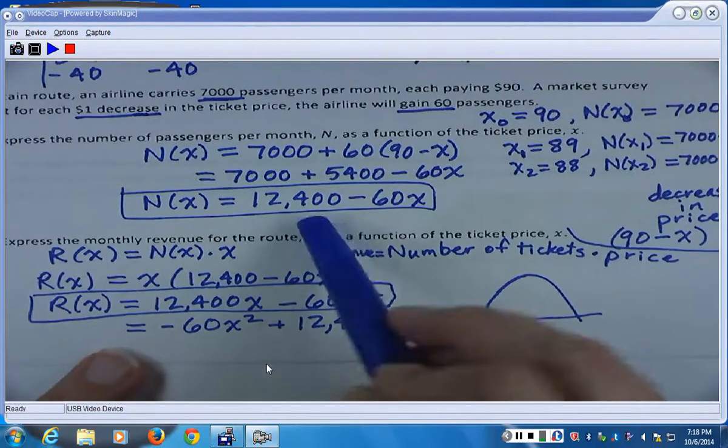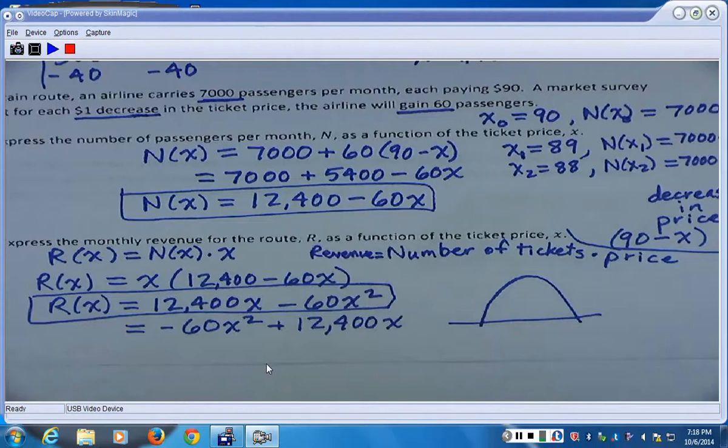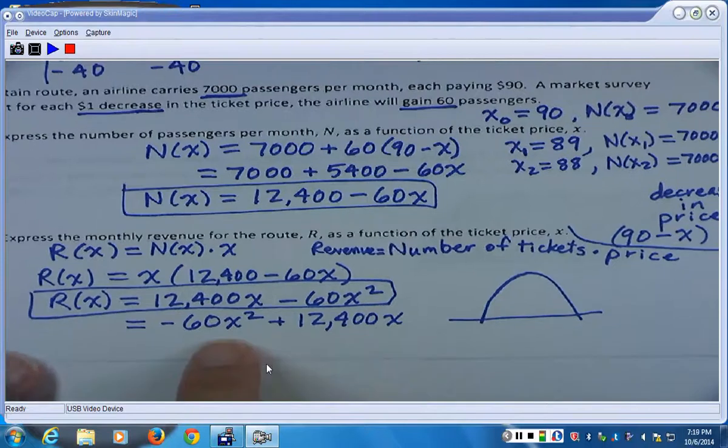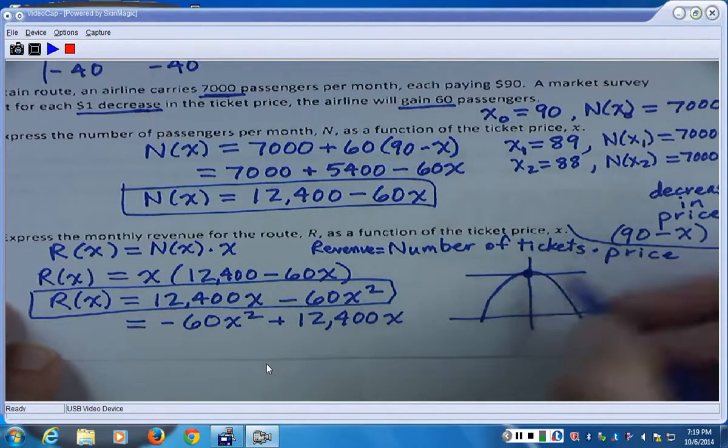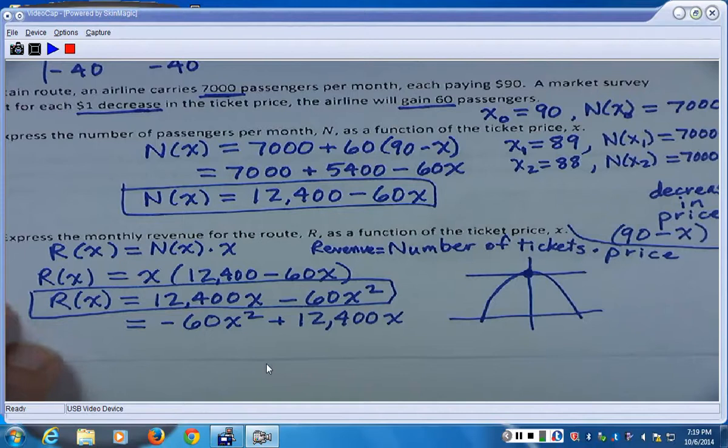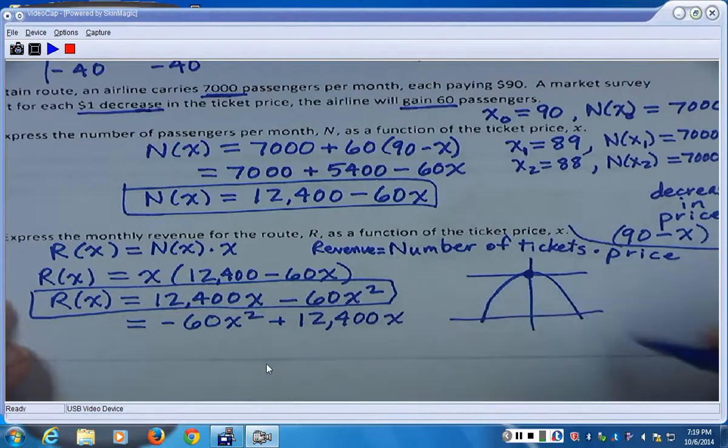The ticket cost is a line. Let's see, what would that be? Okay, that goes through. It's a negative slope. See, if you put in 0 for x, you get 0, right? This is the origin, and it goes down.